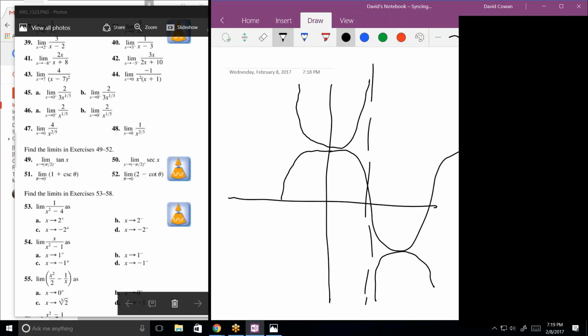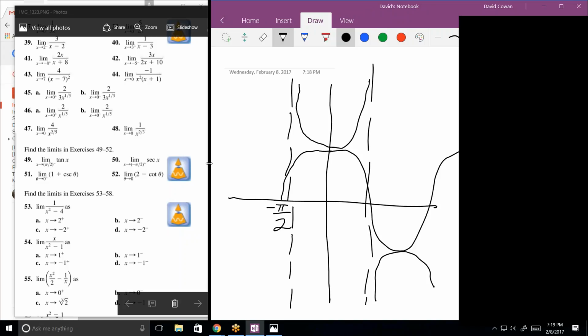Because secant is the reciprocal, so if cosine is 0, then you're going to be dividing by 0. Okay? And we're approaching -pi/2, which is right there, from the right.